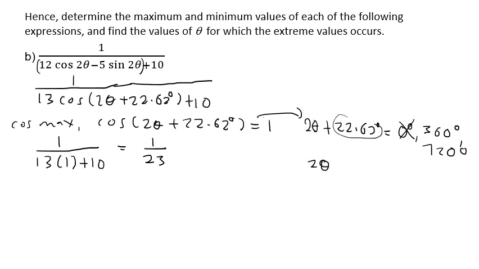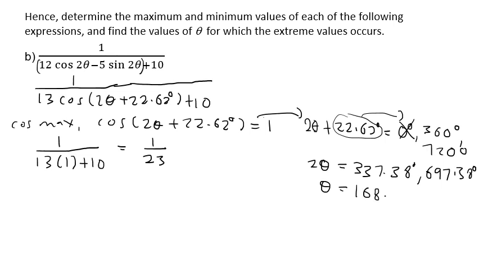So when we bring this 22.62 to the right side, we get 337.38, and the other one is 697.38. So lastly, theta is divided by 2, so we got 168.69, and the other one is 348.69. So this is when cos is maximum, that is 1.